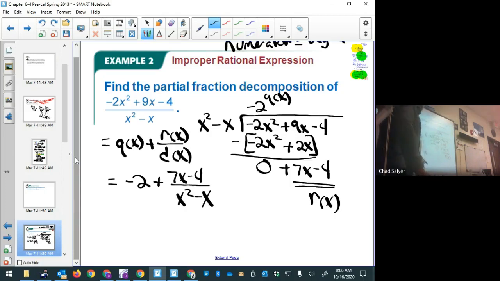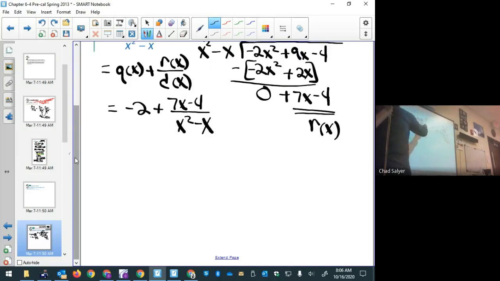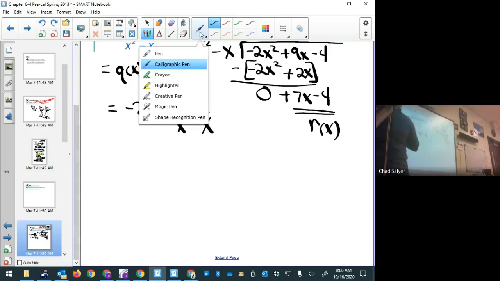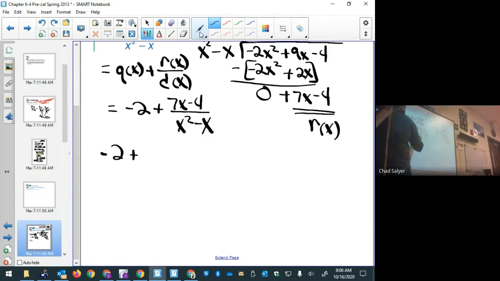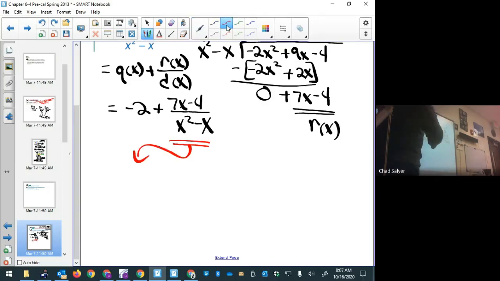So once I get here, I can now apply the same process I used on the first problem. So we've got -2 plus, and I'm going to ignore the -2 for a moment because that'll be confusing. So I'm only going to concern myself with this rational expression part.